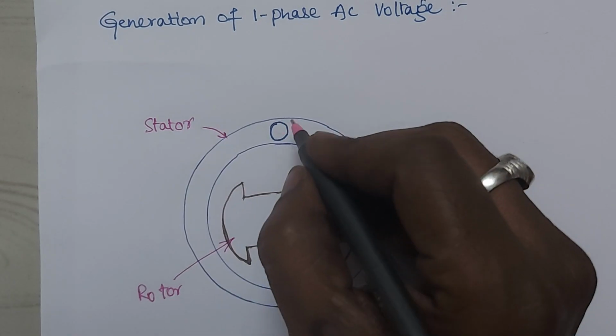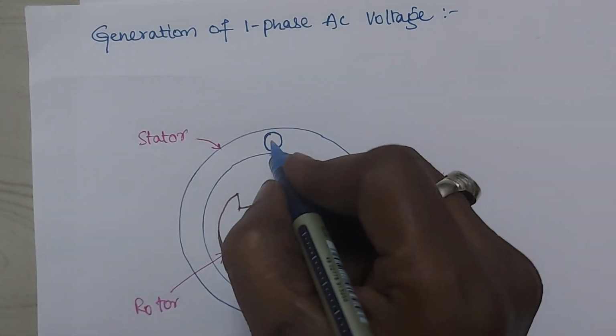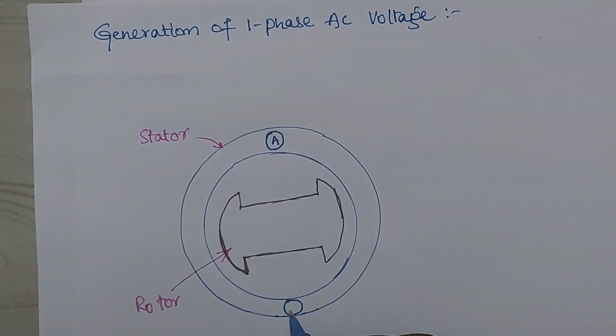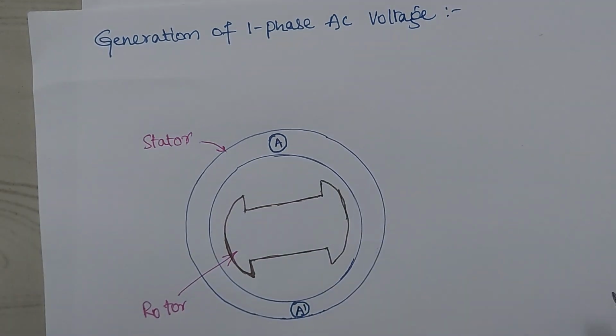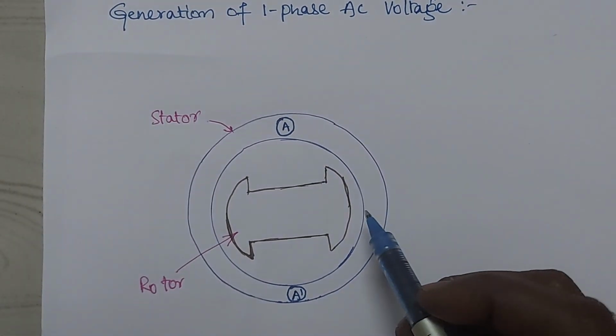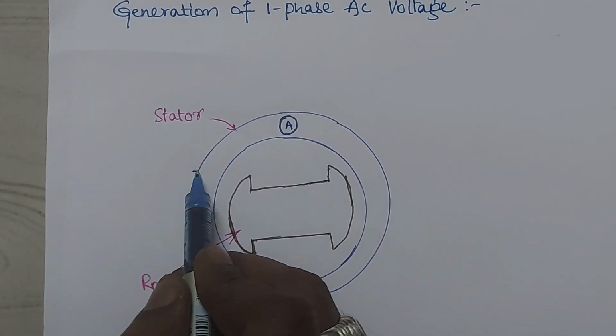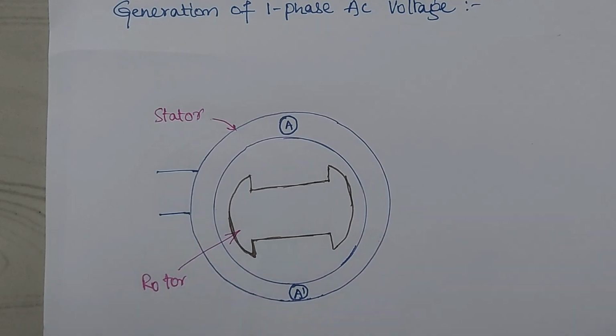So here I am showing the conductor terminals as A and A dash. Clear? This is A dash. Now in this coil the EMF is induced.